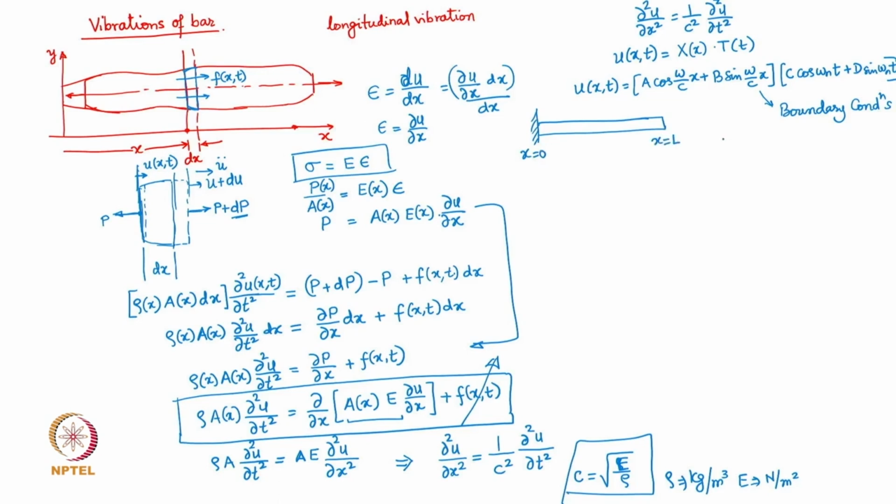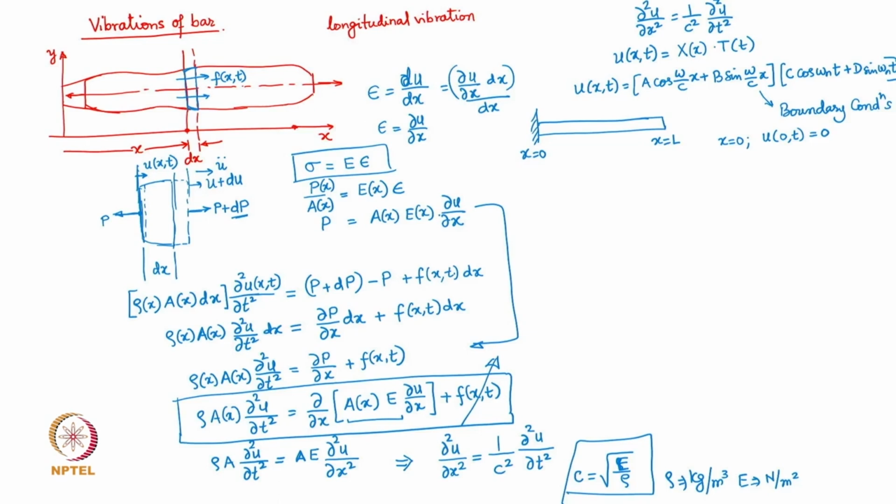What is the boundary condition at x equal to 0? U(0, t) is 0 at all times. The response of the bar, the longitudinal vibratory motion at x equal to 0, is 0 at all times, right?